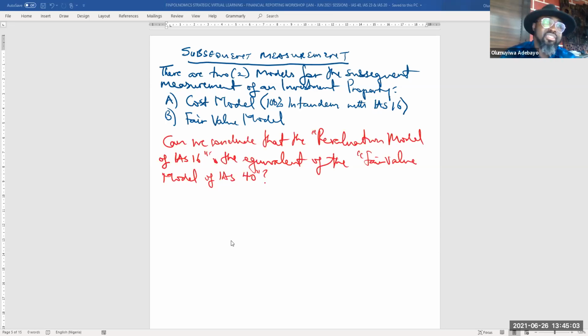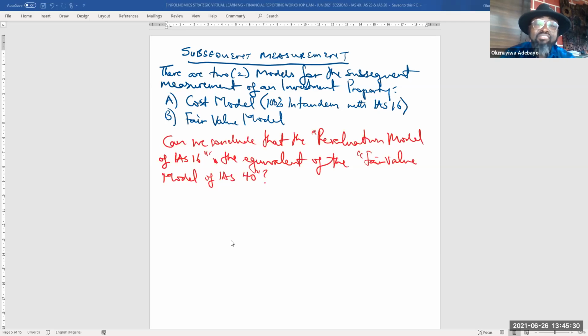One of those differences is that the revaluation gain arising from revaluation of an owner-occupied property will be reported through other comprehensive income, if you remember what we discussed under IAS 16.